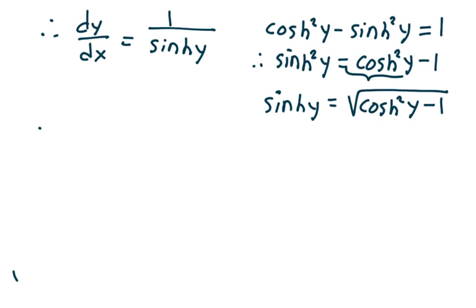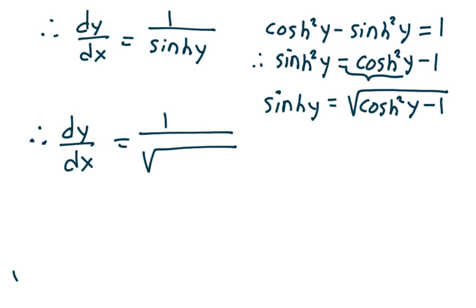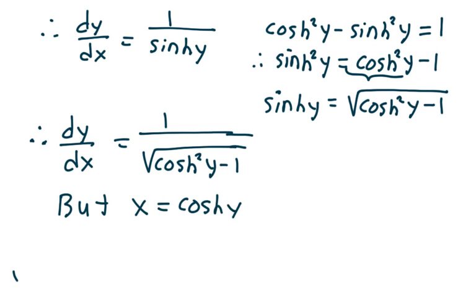And so, therefore, dy dx is 1 over the square root of hyperbolic cosine squared y minus 1, but x equals hyperbolic cosine y.